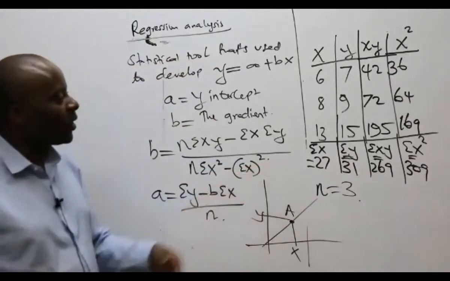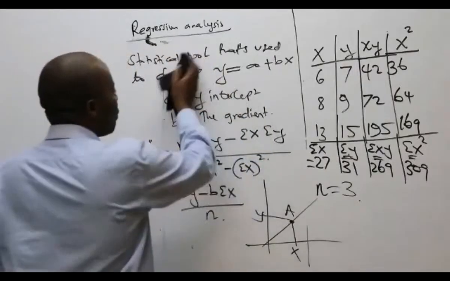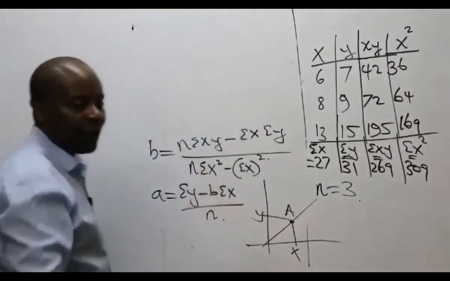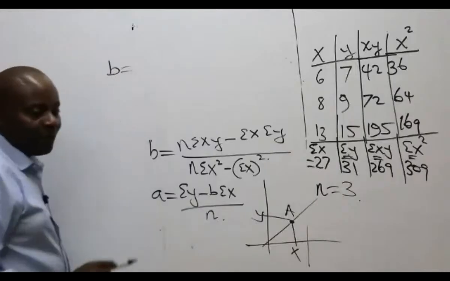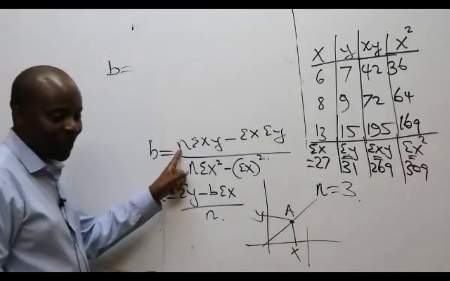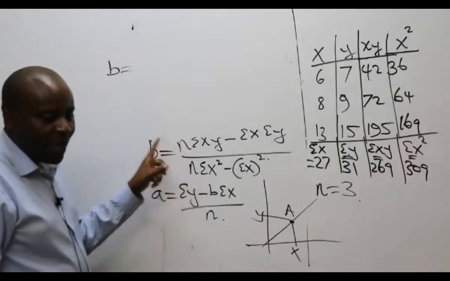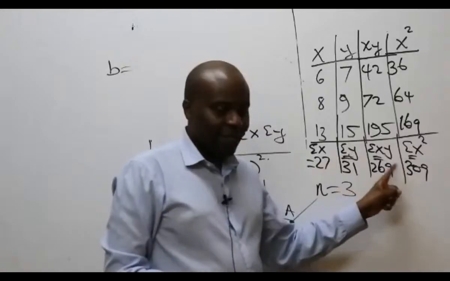Now the next thing is to plug in the values that we have in the formula. Please give me the value of B. Somebody look at this. Brian tells me to interchange 269 and 309.